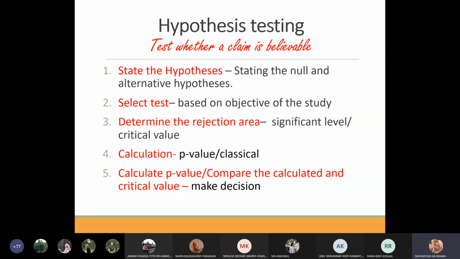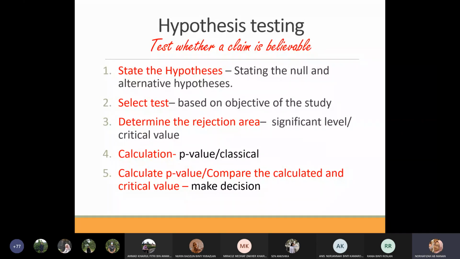Firstly, when you want to conduct a hypothesis testing, you develop a null and alternative hypothesis.